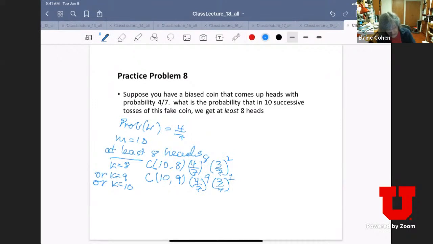And the probability of getting all 10 is 10 choose 10 times 4/7 to the 10th times 3/7 to the 0. And these are disjoint events.